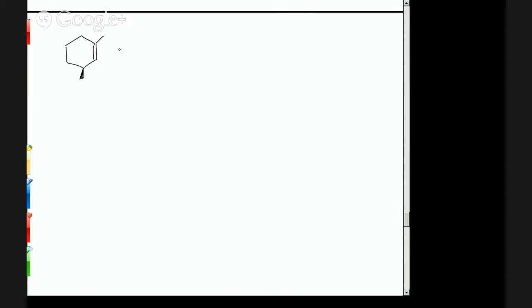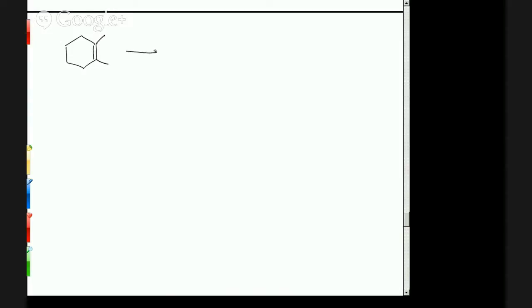When this undergoes hydroboration oxidation, hold on, this is not a good example. Sorry. Let's just go like this. No, it's not a good example either.